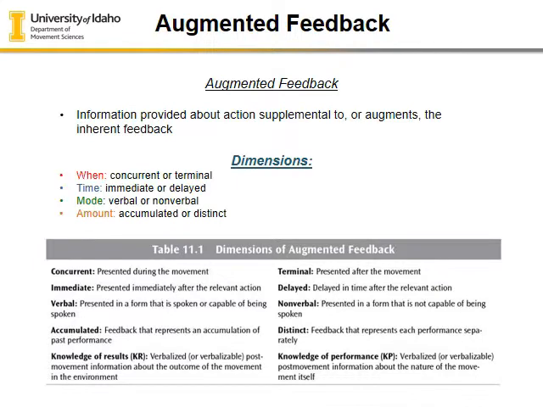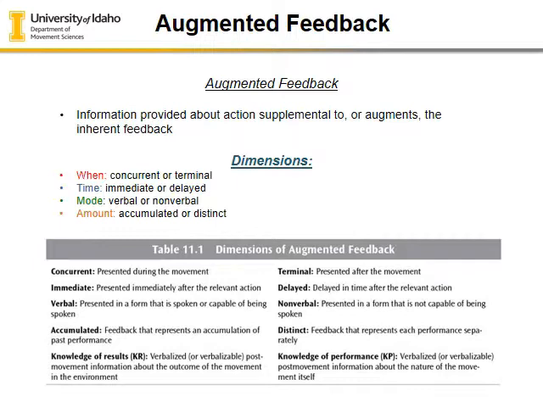If we go back down, it's very important that we notice that augmented feedback can come in the form of knowledge of results or knowledge of performance. So you have concurrent or terminal, presented after the movement or during the movement. There's immediate or delayed. Is it presented immediately after you completed the task, or do they let some time go so you can do some internal processing in your own mind, your own analysis?